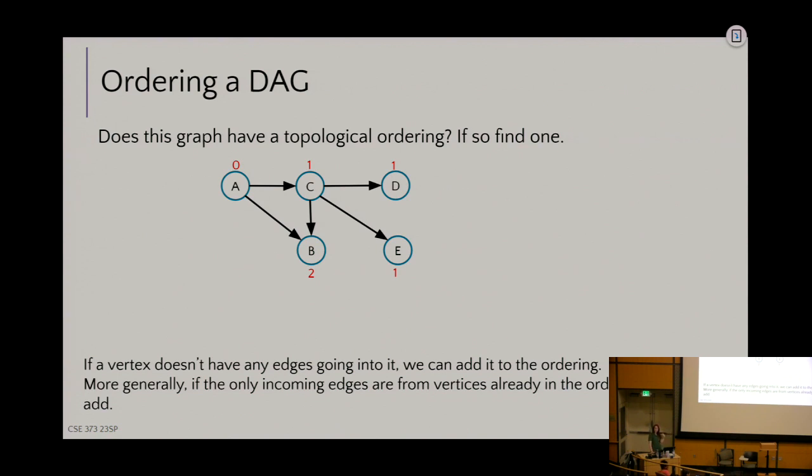So what we're going to do is put A at the beginning of our ordering, and then we erase A and readjust those in-degrees, and we see that now C has an in-degree of 0. Well, we'll put that next in the ordering, and then we'll erase C, and now we've got 3 that all have an in-degree of 0. What that means is that topological sort could actually have multiple orderings.